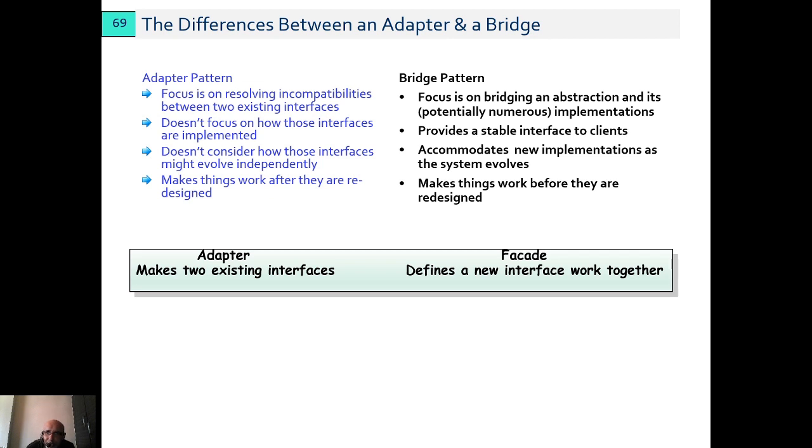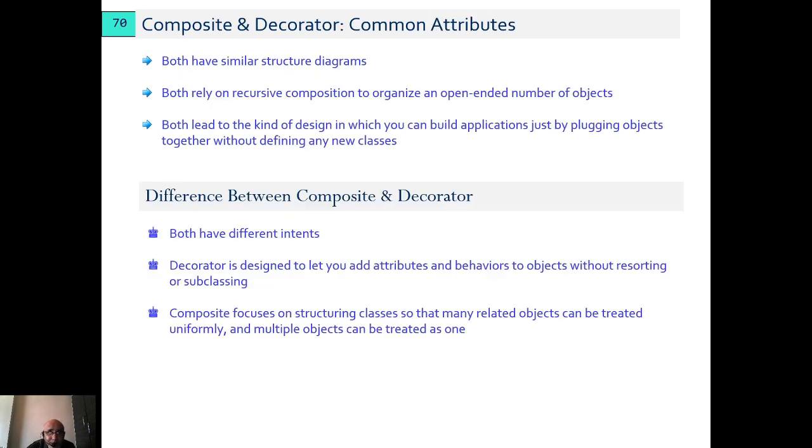Numerous means finite but large in number. So a stable interface has to be there. They don't focus on how the interfaces are implemented in case of adapter, because the job assignment is different, right? So everything is compared.